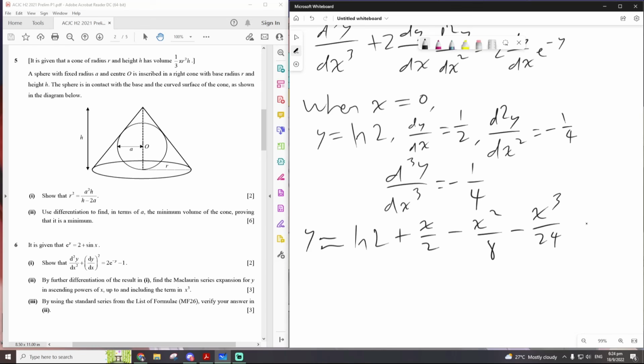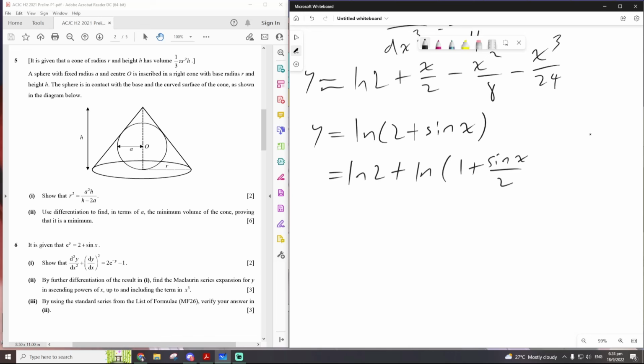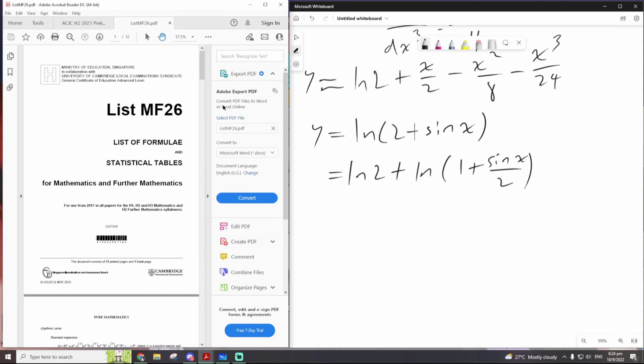Alright, so we've already established that y equals ln of 2 plus sine x. Now there is a standard series for ln(1 plus x) and sine x also, but to use it I need to express this as ln 2 plus ln of 1 plus sine x over 2. Right, here's the MF26.